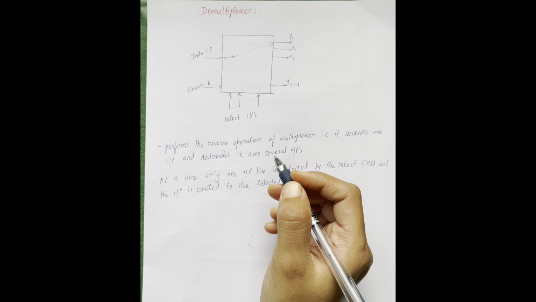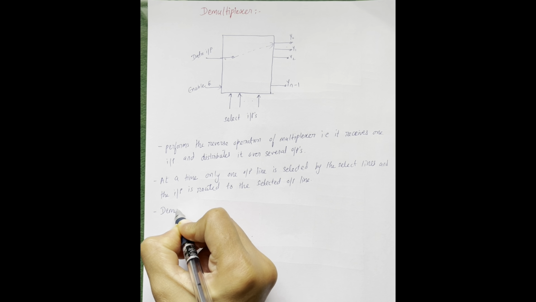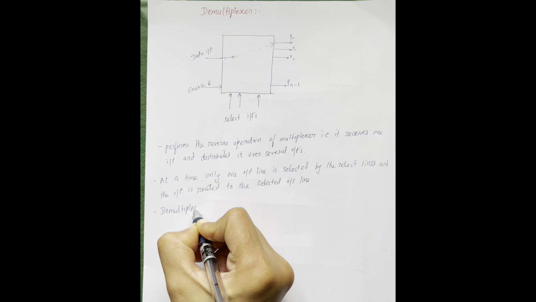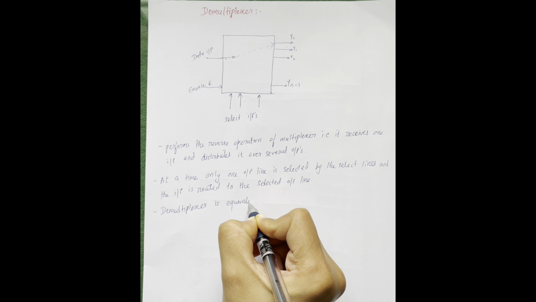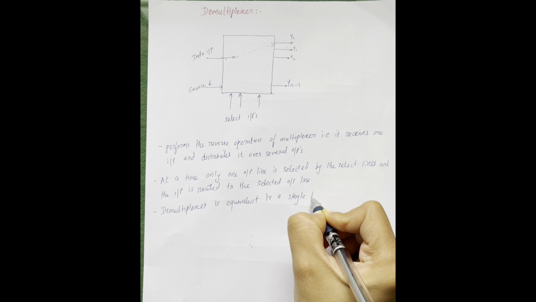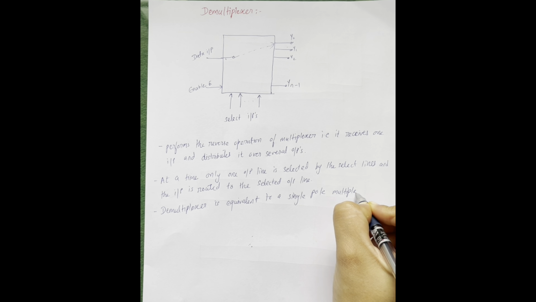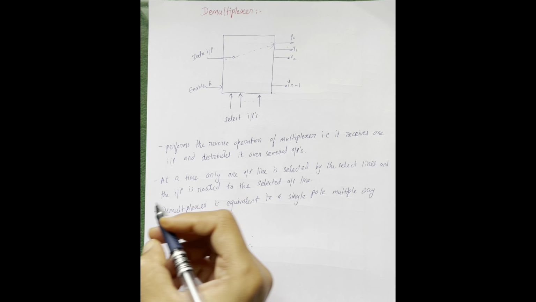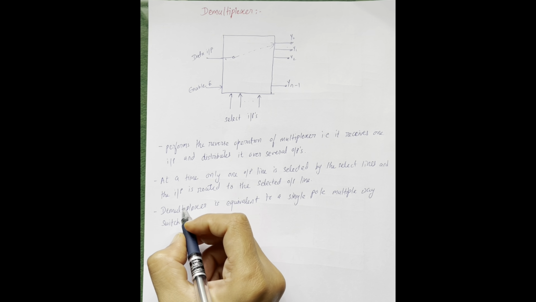Now we can say that demultiplexer is equivalent to a single pole multiple way switch, as shown in the figure.